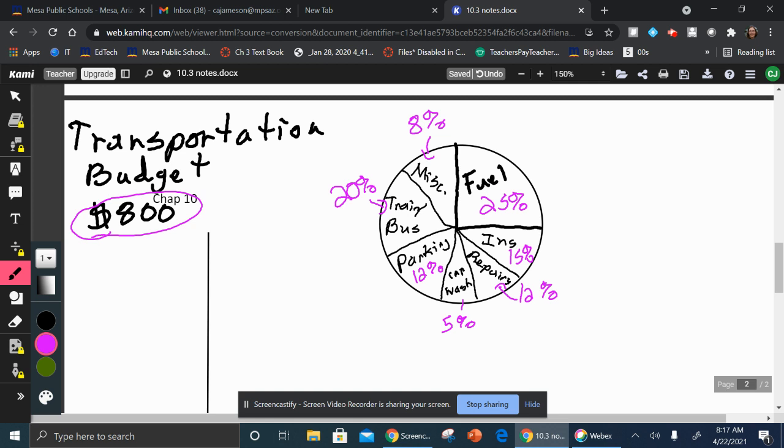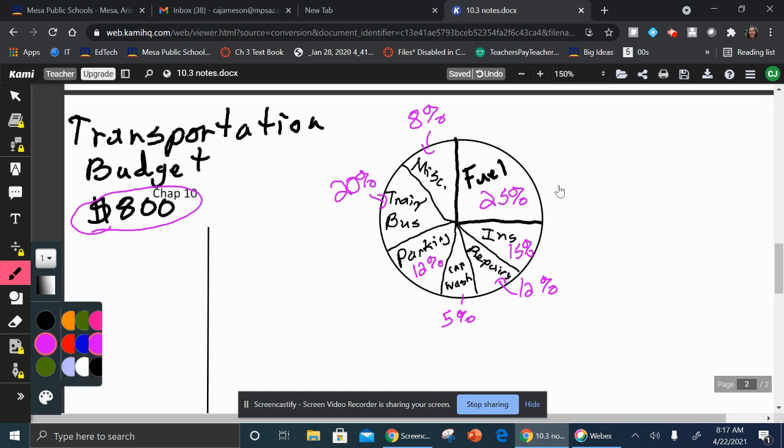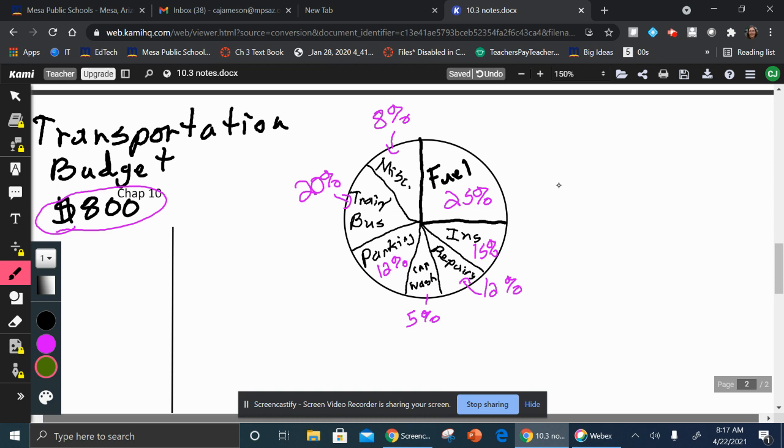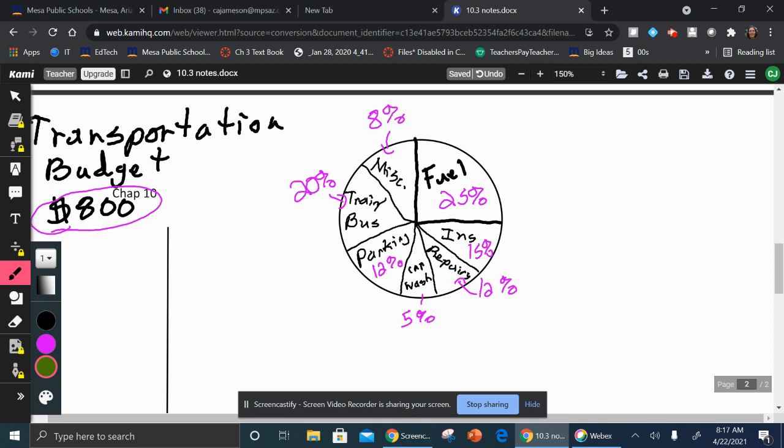Okay. So let's go ahead and break it down, everybody, again. So we're going to just figure out what everything is supposed to be for this. So for fuel, I'm just going to write all these out. Okay, so fuel is 25% times 800.